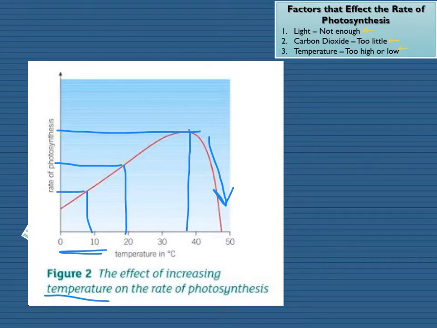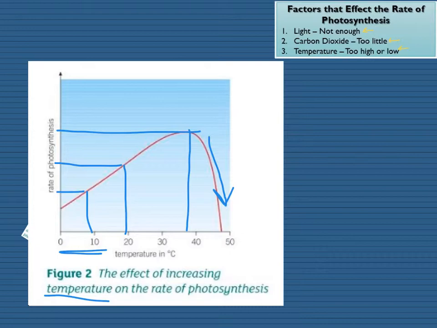As you will know from the section on organisation, enzyme-controlled reactions are really important, and they're very important in photosynthesis. At low temperatures, there's going to be a limit in the number of molecular collisions between the enzyme and the substrate.